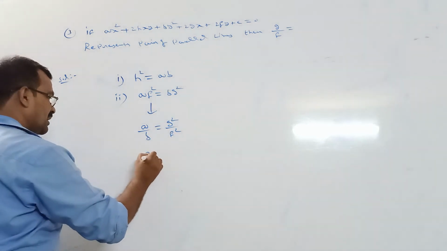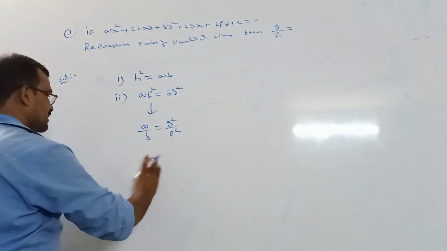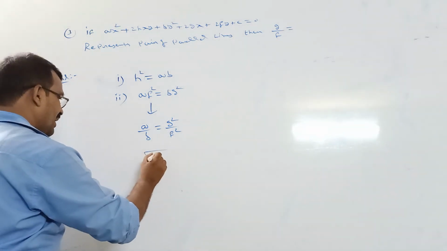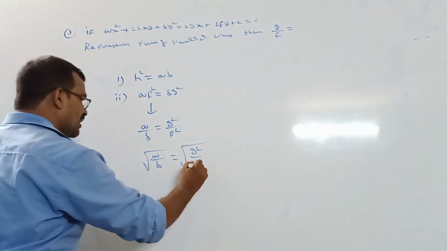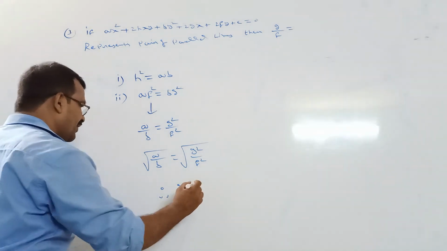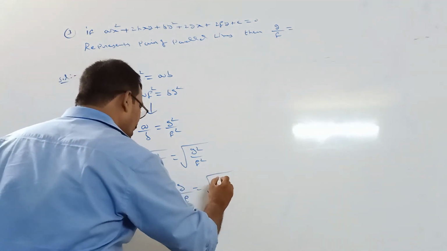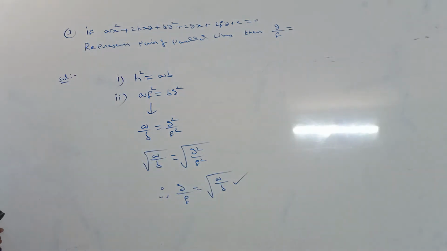I want g by f. Apply the square root on both sides. Under root of a by b equal to under root of g square by f square. So it gives that g by f equal to under root of a by b. This is our required value.